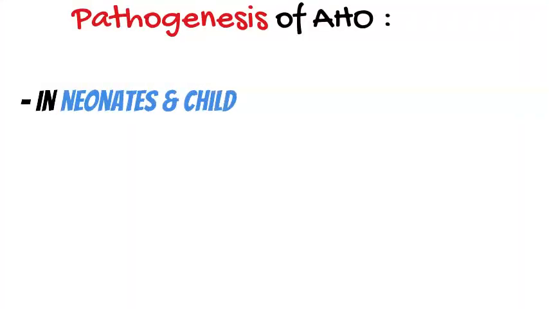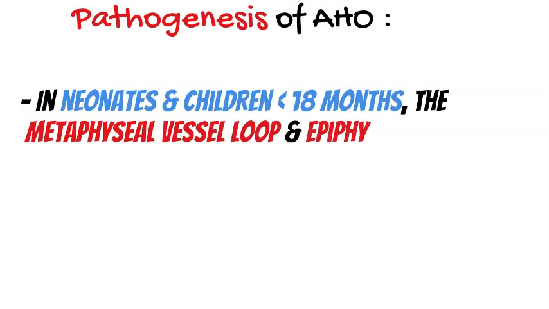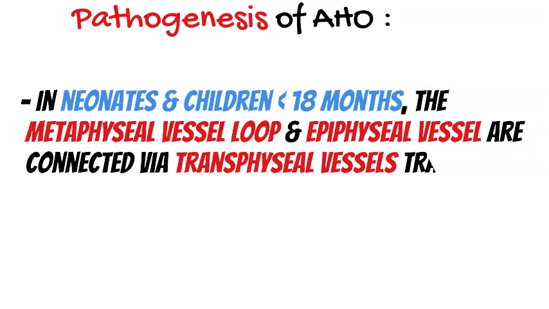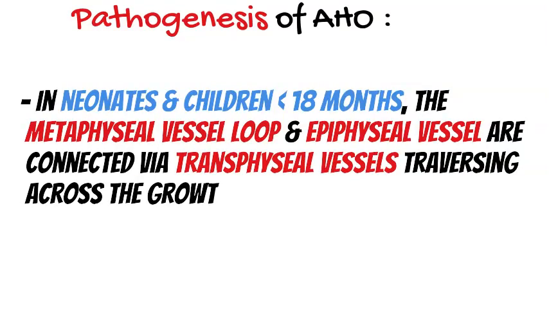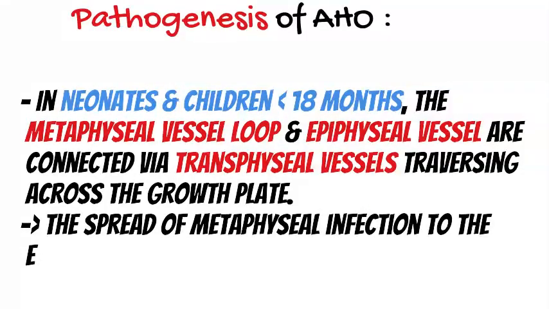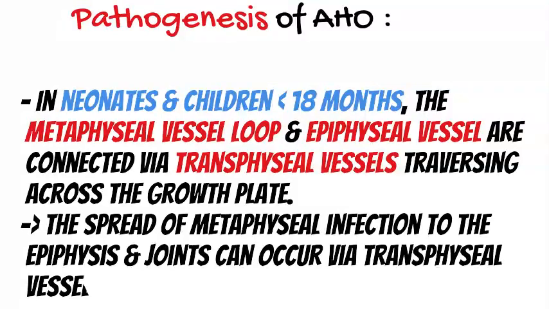In neonates and children less than 18 months, the metaphyseal vessel loops and epiphyseal vessels are connected via transphyseal vessels traversing across the growth plate. So the spread of metaphyseal infection to the epiphysis and joints can occur via transphyseal vessels.